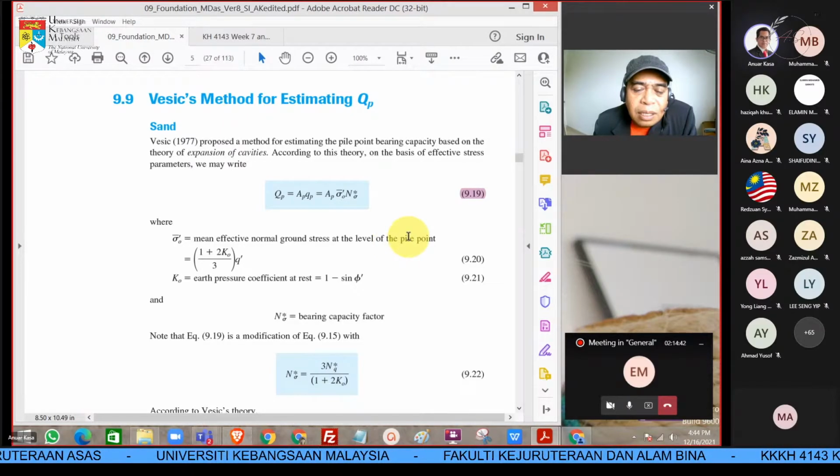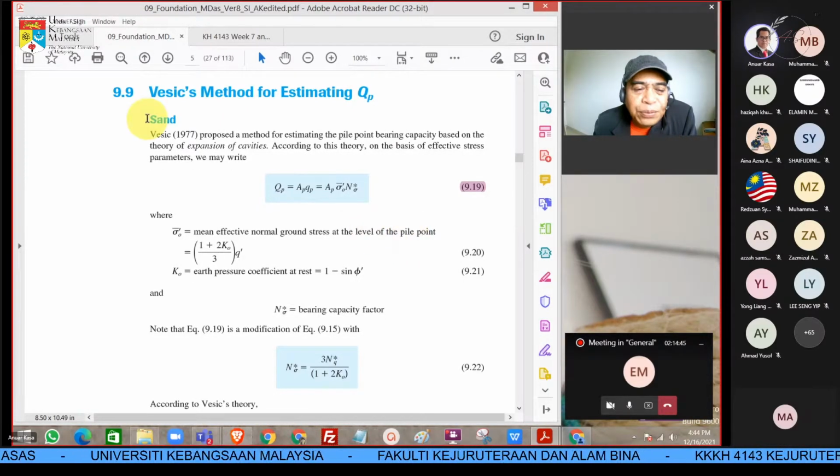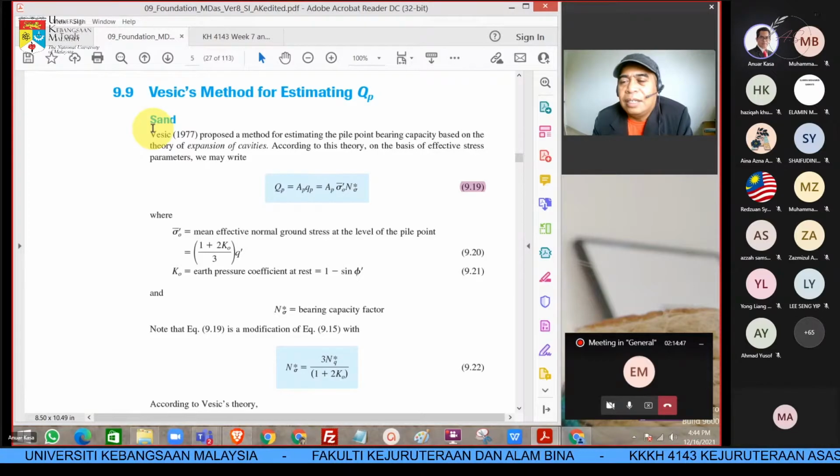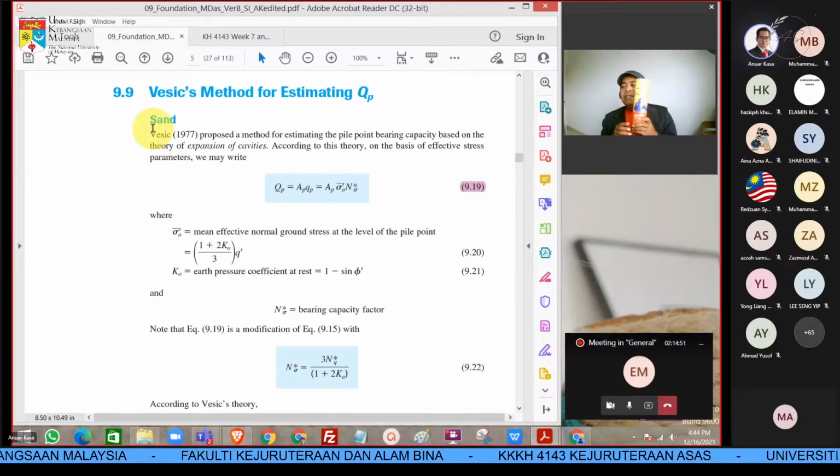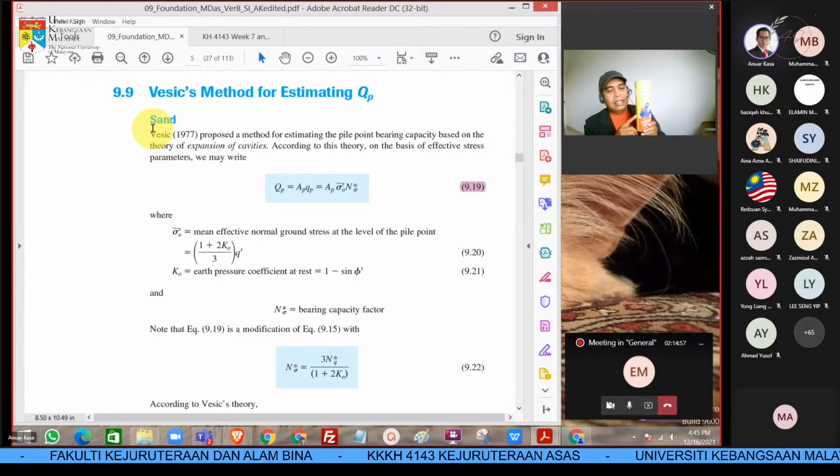Okay, using Meyerhof's method for sand, to give you some general idea. Let's say this is a pile. When we want to install or design a pile foundation, we need to consider whether it is supposed to be steel or concrete, and whether the soil is clay or sandy soil.